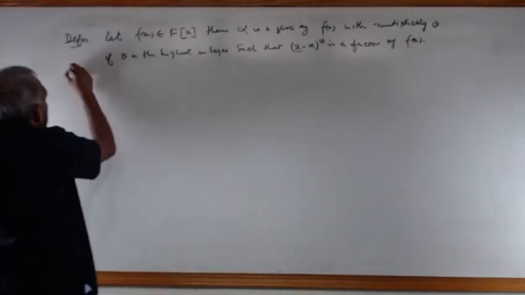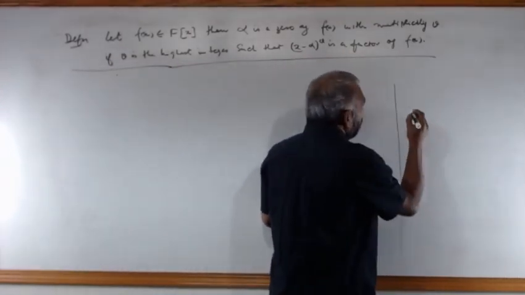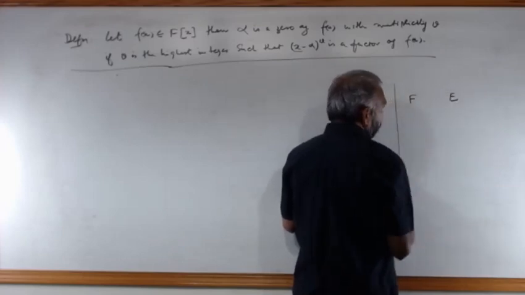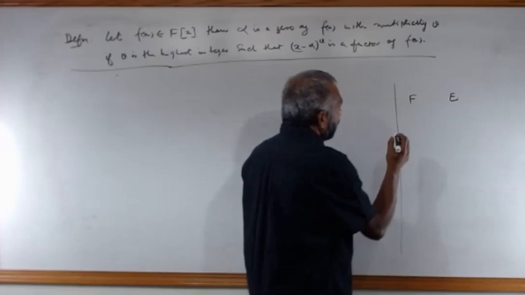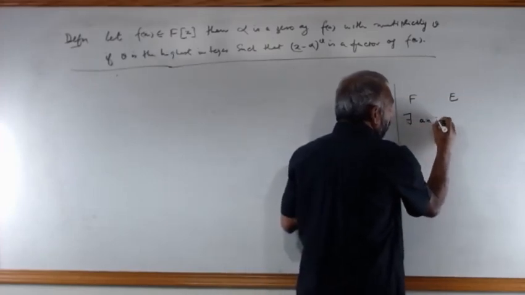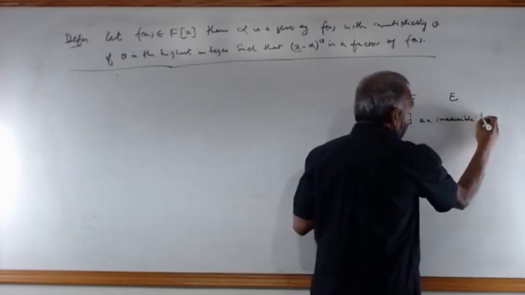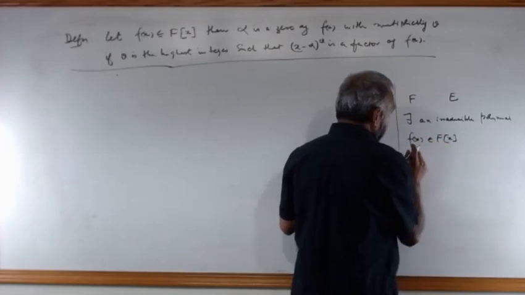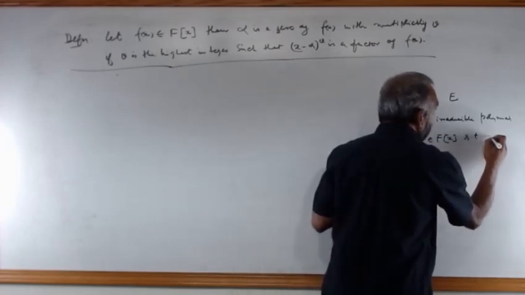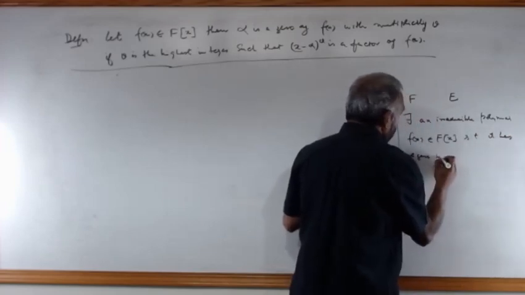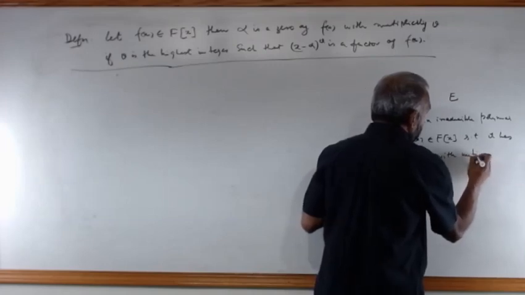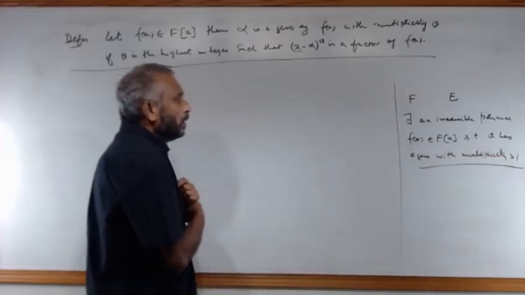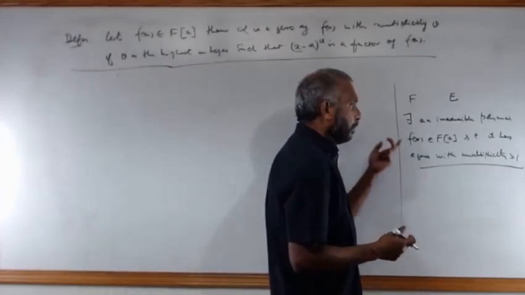So our next aim is to find a field and an extension such that there exists an irreducible polynomial f of x in F of x, which has a 0 with multiplicity greater than 1. That is the reason for defining the separable extensions.